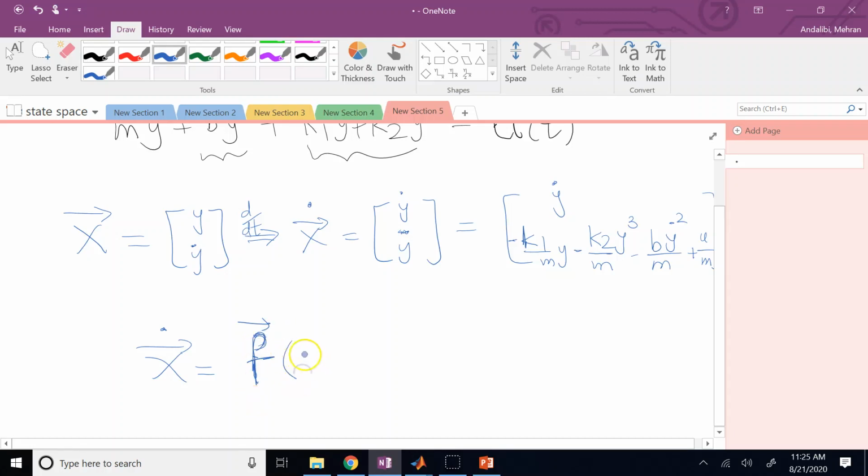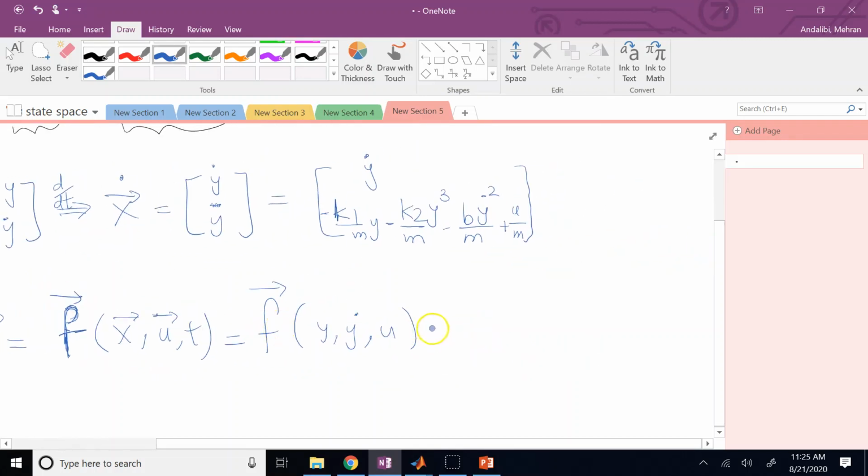It is a function of x and u and t, but here our x is simply y and y dot, u is a simple u, and there is no t. If I write it this way, that is going to be fine.